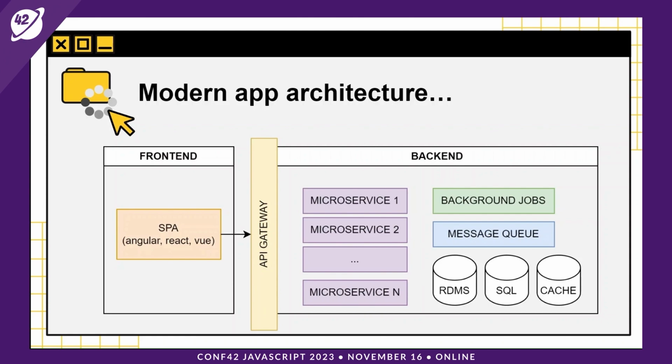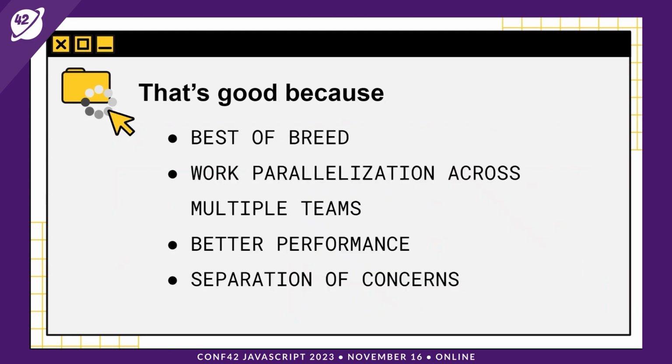That's a very good solution because, as we see, you can use the best tool for each need you have. So you always work with the best of breed. Moreover, we can have parallelization across multiple teams.